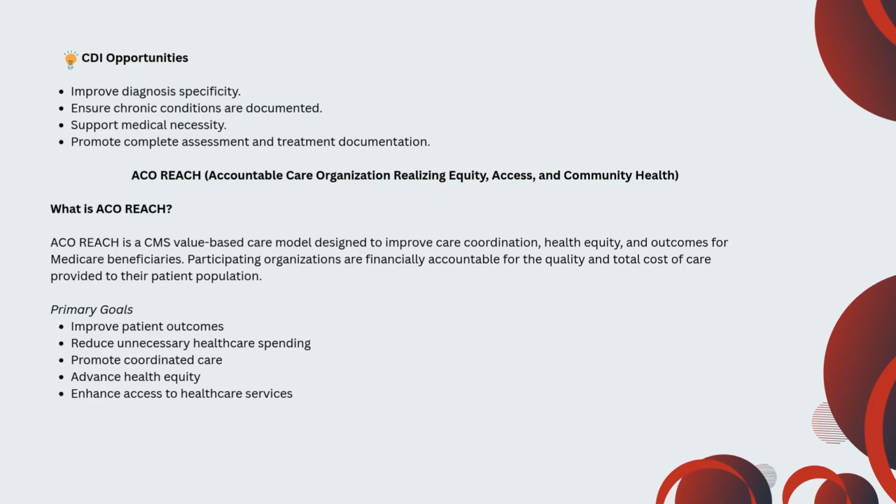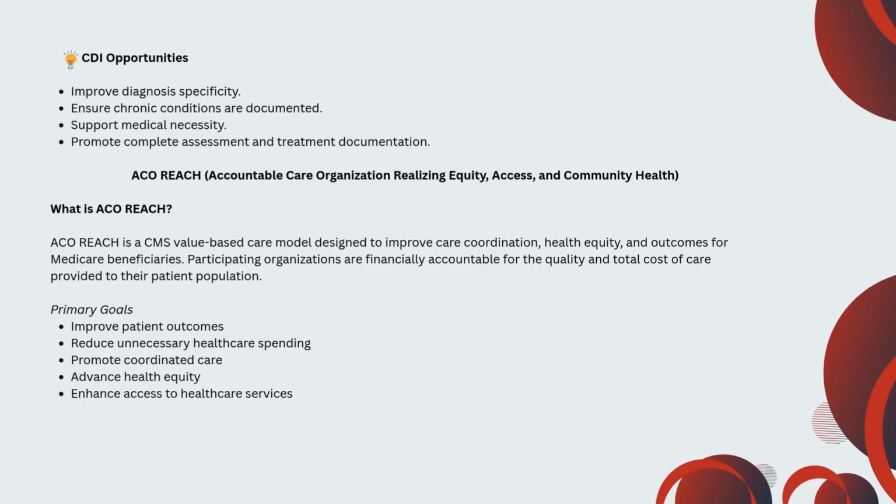ACO REACH, Accountable Care Organization realizing equity, access, and community health. What is ACO REACH? ACO REACH is a CMS value-based care model designed to improve care coordination, health equity, and outcomes for Medicare beneficiaries.